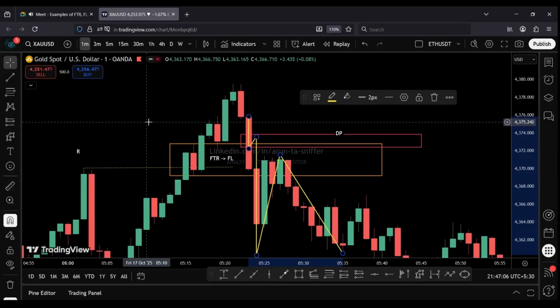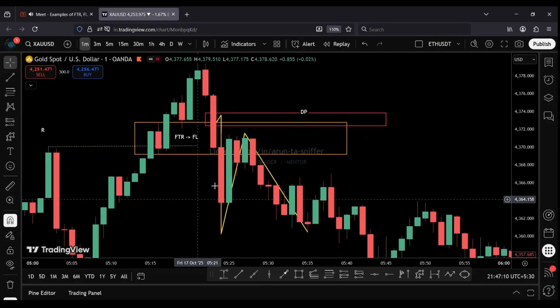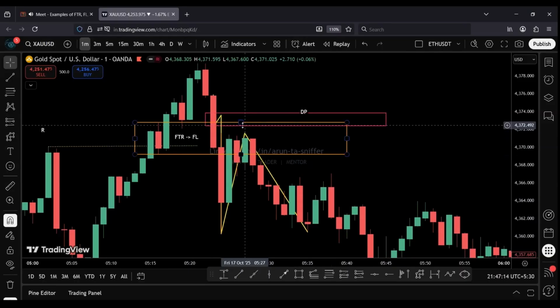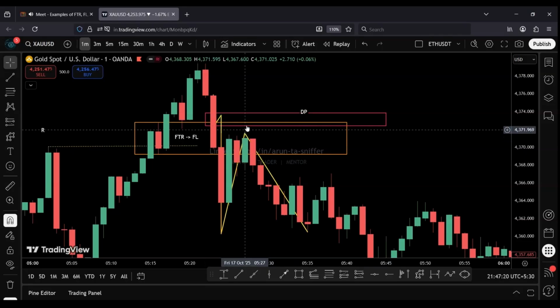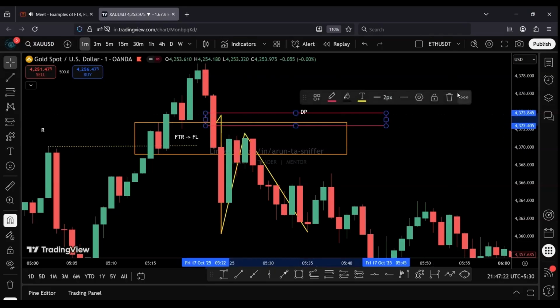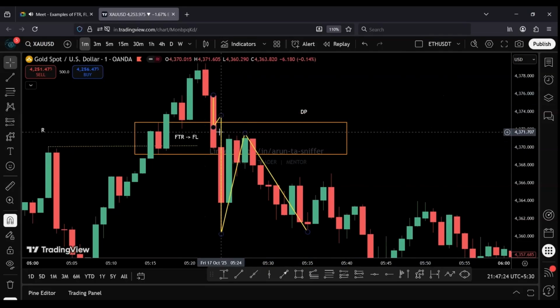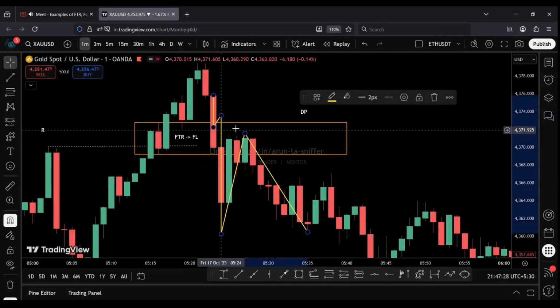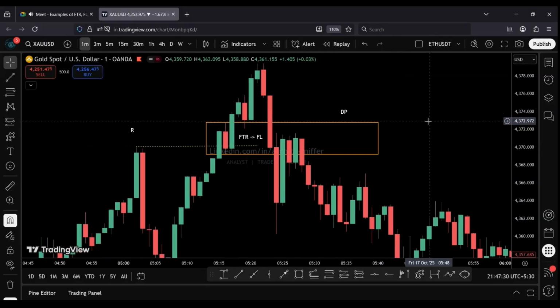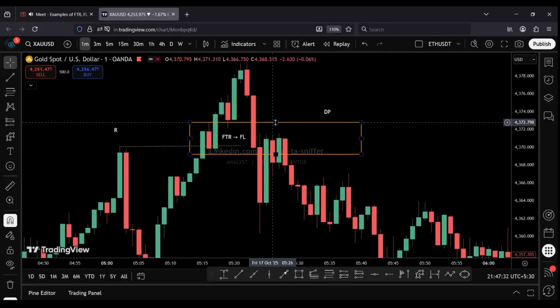So what may happen in future? This will act as the RS, and price may come back to this zone, above whatever is left here. So what do we do in this situation, if price doesn't reach this upper line?